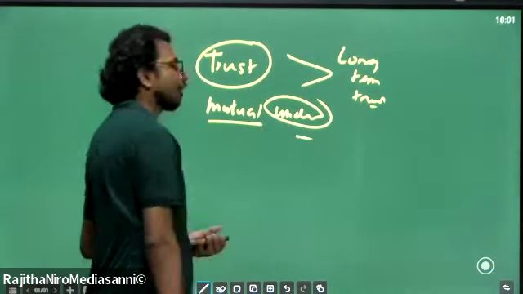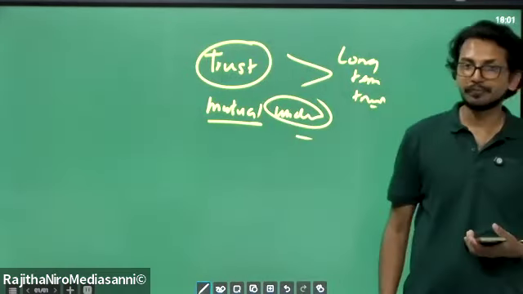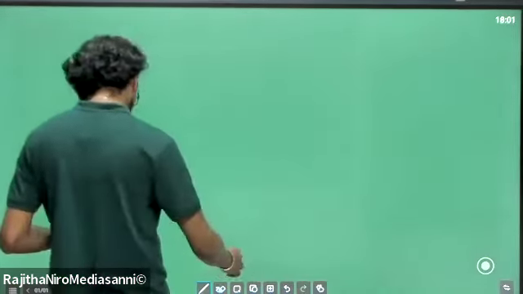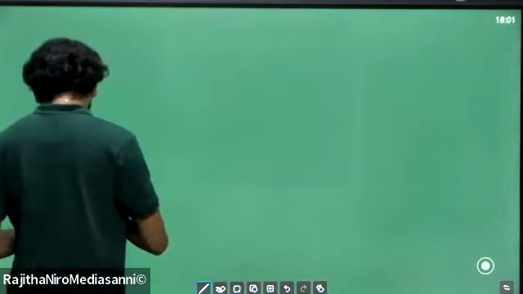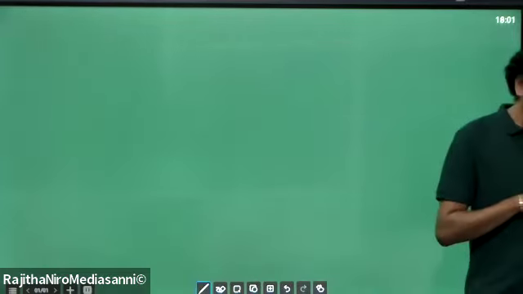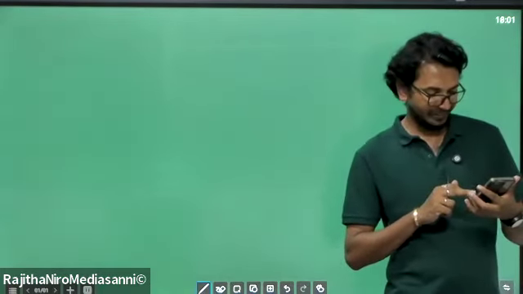Mutual bond, mutual understanding is one thing. They know our thing, we know their thing. That is the point. Transparency idea. Long-term trust can be created to expand businesses.